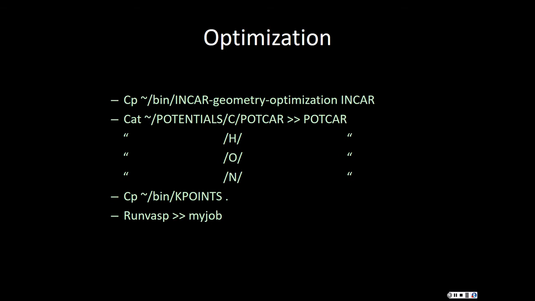When you purchase the license, they give these files, but then you distribute them on your directories as you like. They have subdirectories for each element, and each element has a POTCAR. Now Dan is showing how it is set up on the South Dakota cluster. When we go into a different system, it will be arranged differently.